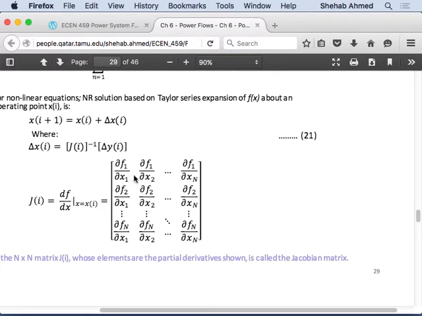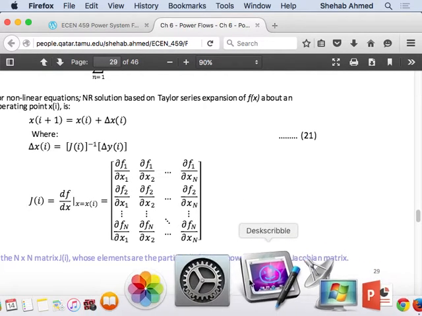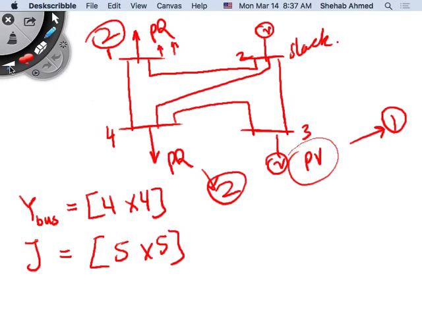So here, for this 4-bus system that we had, I'm going to write the P's and the variables again, the y vector.